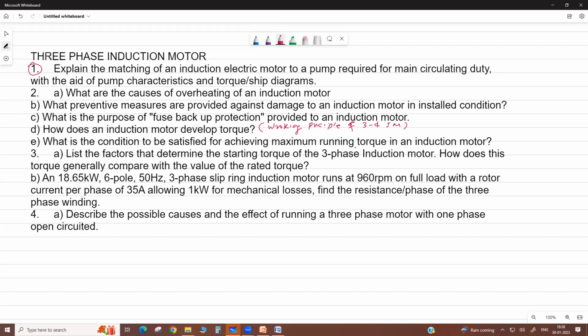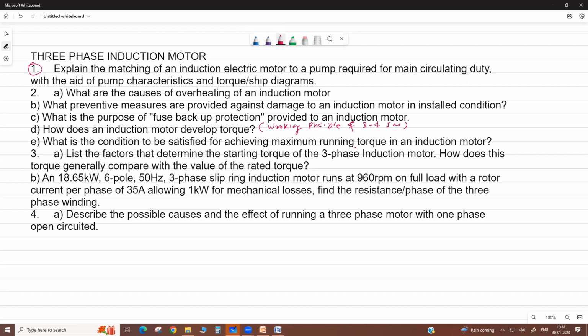An EMF is induced, then they are short circuited at both ends, so current will flow. When a current carrying conductor is placed in a magnetic field, it experiences a force, so one torque is produced that turns the rotor in the same direction in which the rotating magnetic field rotates.